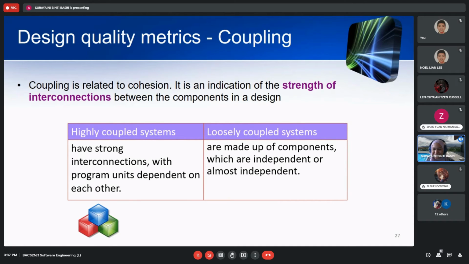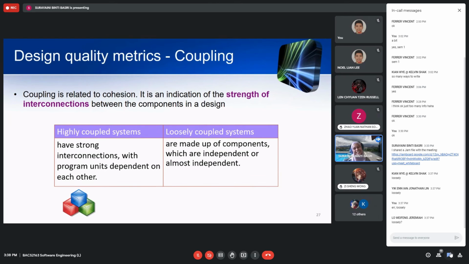I know you all have already learned this in diploma, but maybe if you still remember, Jeremiah? Ah, yes, loosely. You shouldn't put the question mark, Jeremiah. You should put an exclamation mark because you need to be confident, because you are the SF.